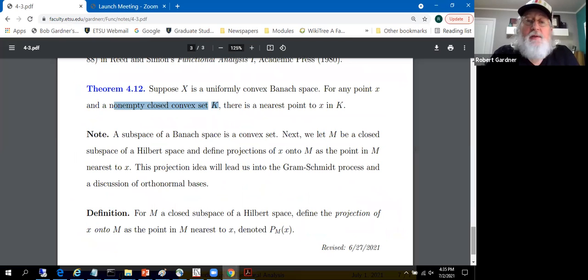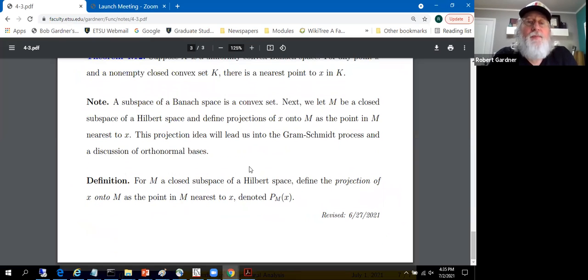All right, let's wrap up this section then. A subspace of a Banach space is also convex. I mean, subspaces are convex since they are closed under linear combinations. So if we let M be a closed subspace of a Hilbert space and define the projection of X onto M as the point in M nearest to X, we know such a point exists and we know it's unique with the results we have.